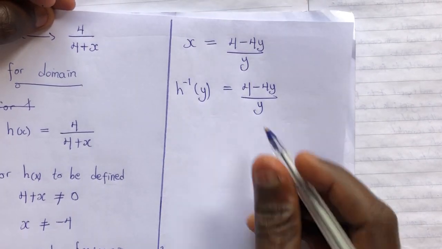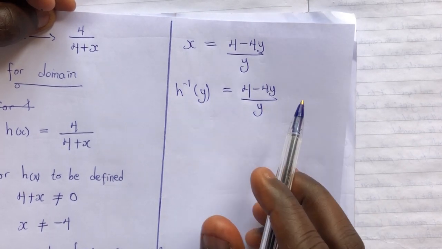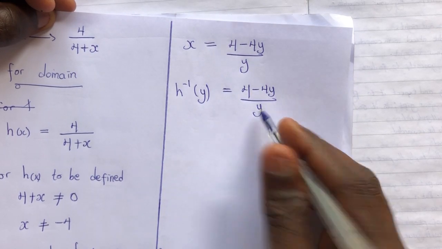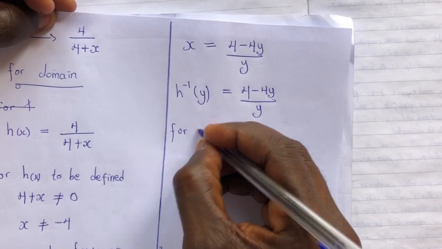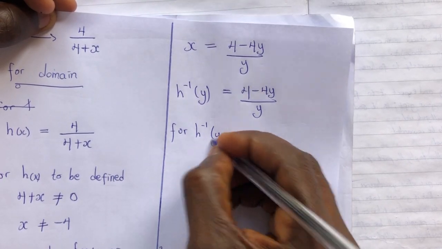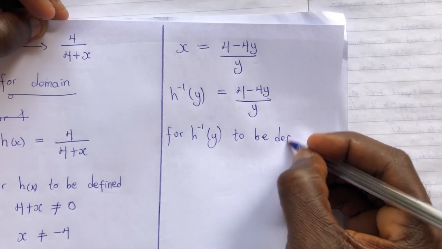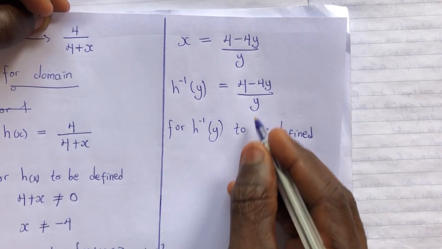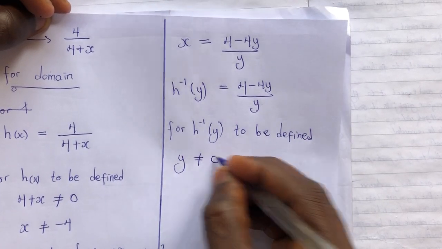So now we can write the statement: if y equals 0 the equation will be undefined. So I don't need to solve. All I need to do is to write for h inverse of y to be defined. The denominator must not be equal to 0. y must not be equal to 0.